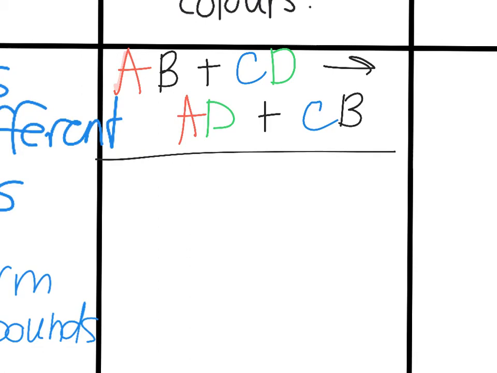Alright, let's actually do a real one. So let's say I have AgNO3 plus NaCl.